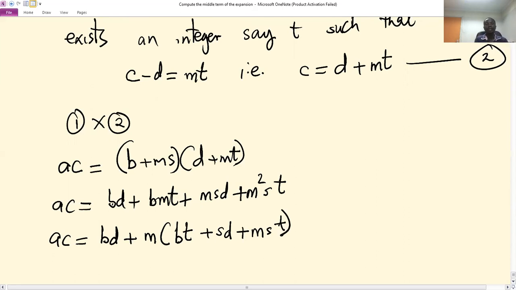Don't forget that A is an integer, B is an integer, S is an integer, T is an integer.